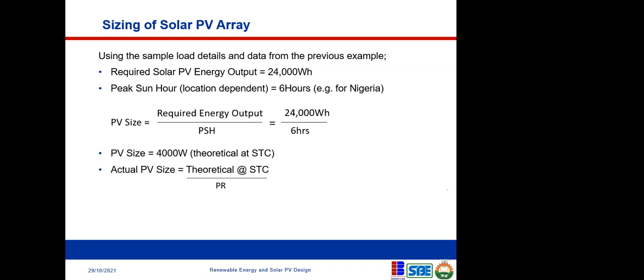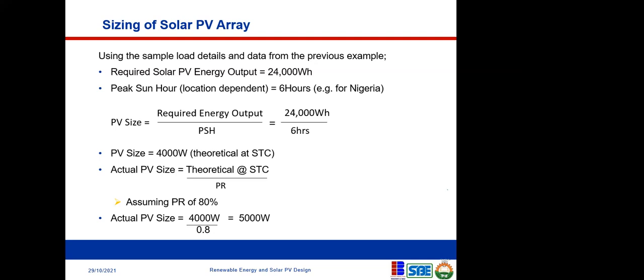The actual PV size you're going to require is the theoretical calculation at standard test condition divided by your performance ratio. We'll assume a performance ratio of 80%. Then your actual PV size will be 4,000 watts divided by 0.8, which is 5,000 watts. So you need a 5,000 watt PV system.